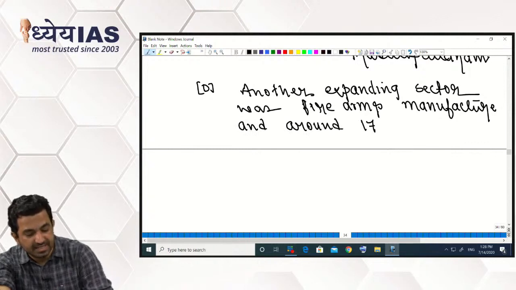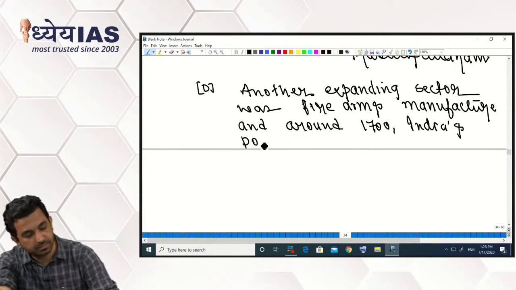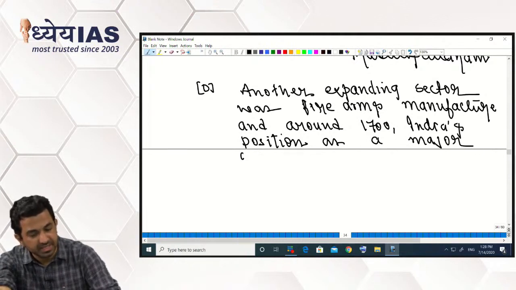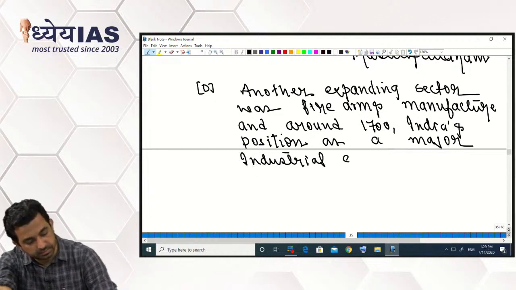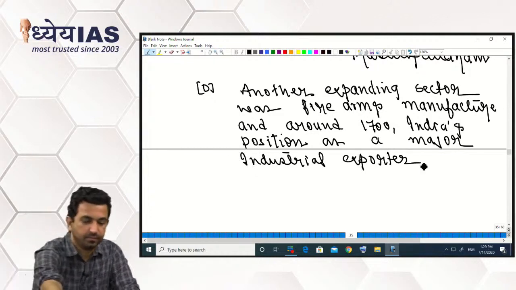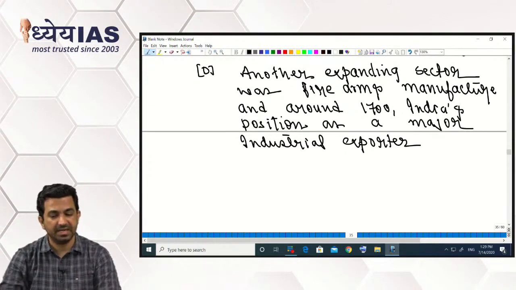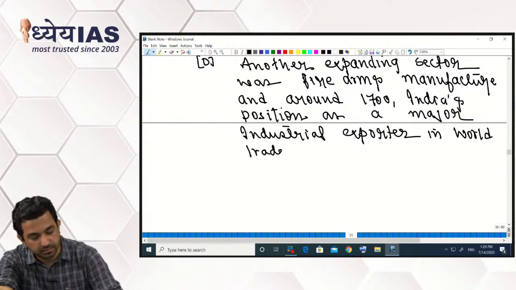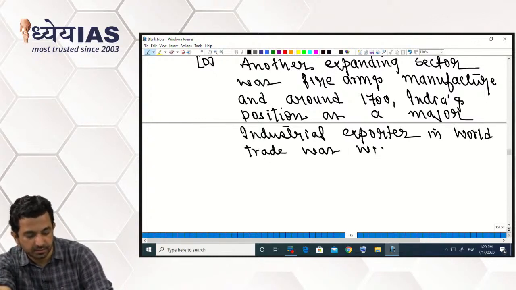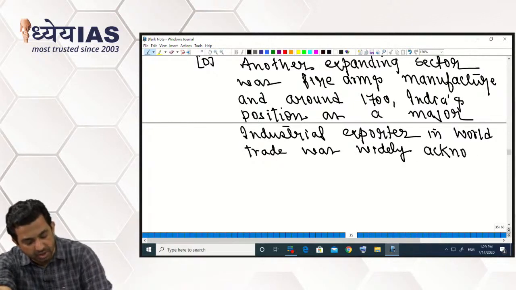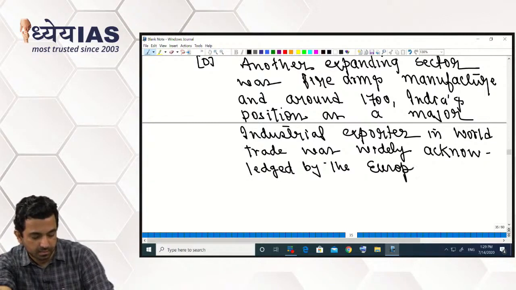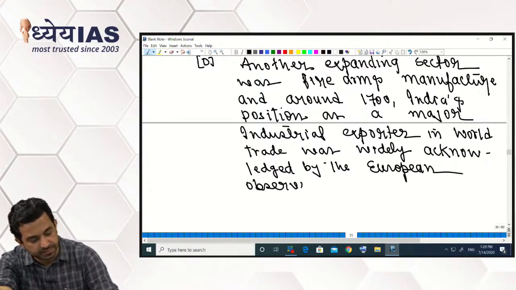Around 1700, India's position as a major industrial exporter in world trade was widely acknowledged by the European observers.